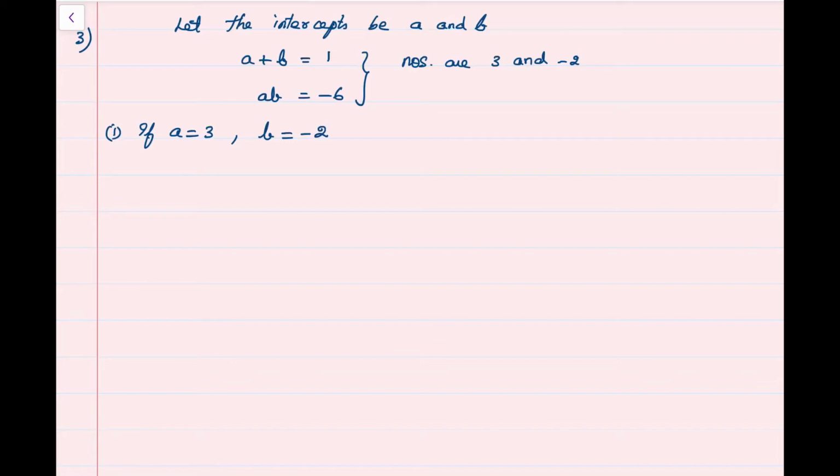Let us write the equation in intercept form. The intercept form of a line is x by a plus y by b equal to 1. Therefore, the equation is x divided by 3 plus y divided by minus 2 is equal to 1. We will multiply the whole equation by 6. We get 2x minus 3y is equal to 6.